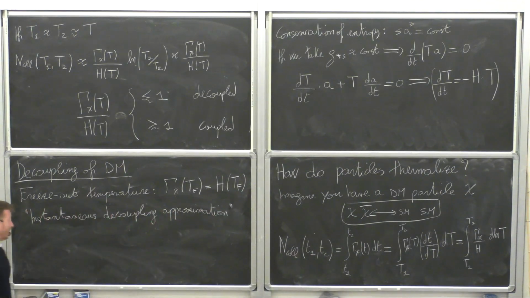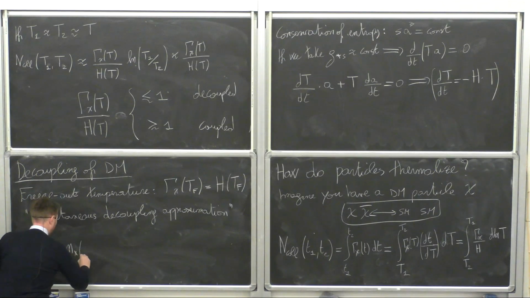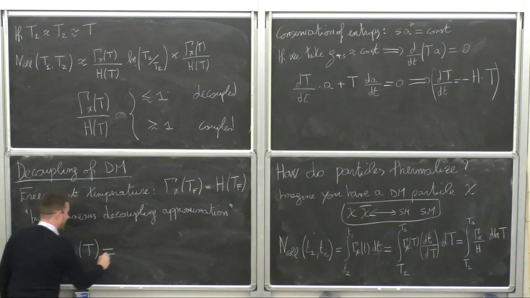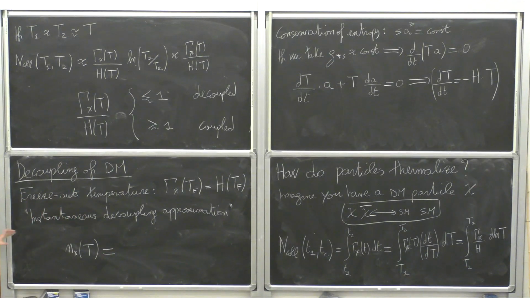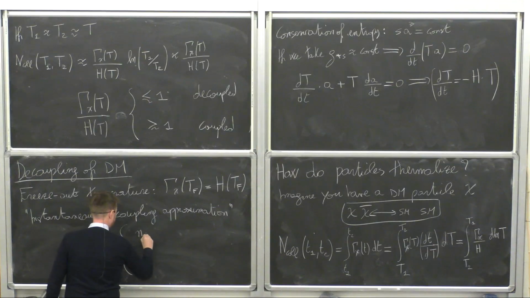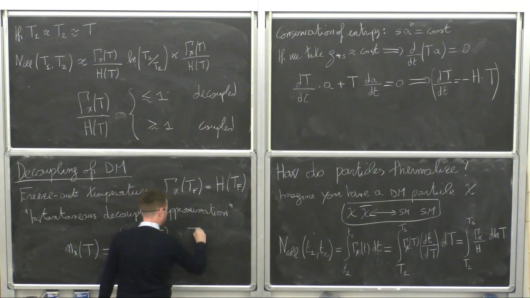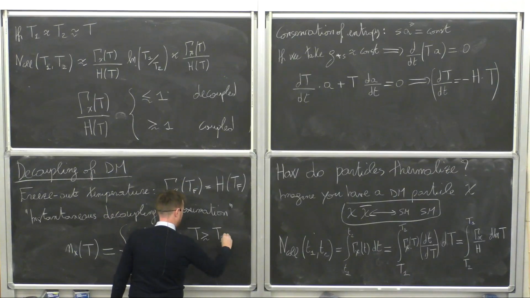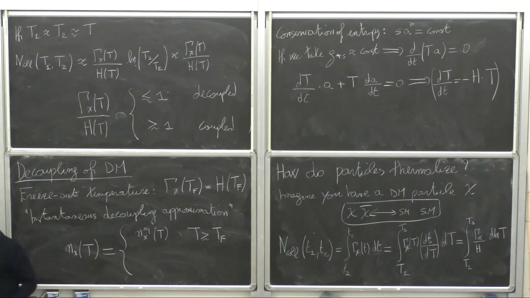Okay, now we do this, and let me explain what I mean by instantaneous decoupling with one equation. So I can tell you that the number density of chi as a function of the temperature is given by the equilibrium number density of chi for T greater than Tf. Why is this the case?